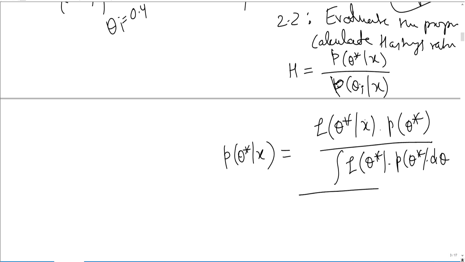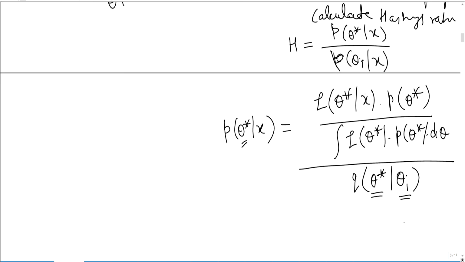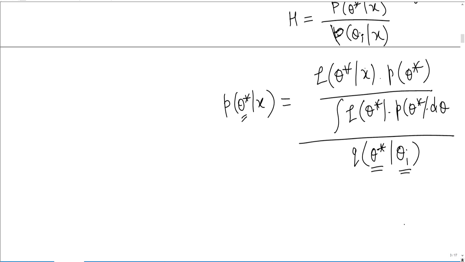Also, you need to take care of the bias that we are already generating this proposal theta star from this density q of theta. So I need to divide it by the probability density of generating theta star given theta I. This will give you the posterior density of theta star. Similarly, what would be the posterior density of theta I?